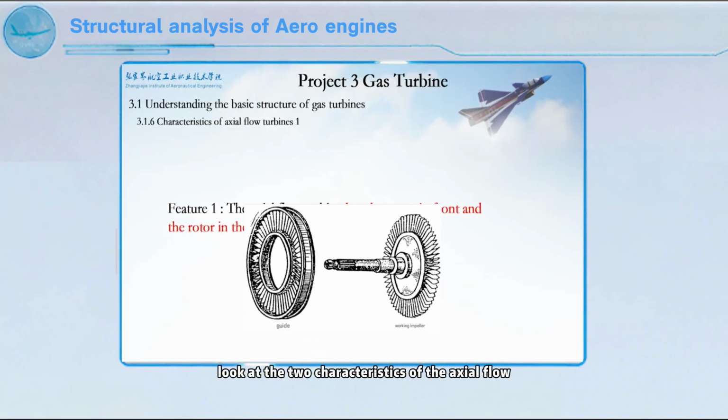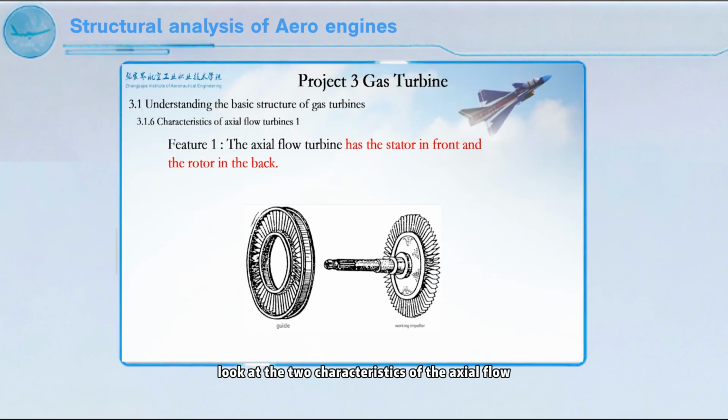Next, let's look at the two characteristics of the axial flow turbine. The first characteristic is that the stator of the axial flow turbine is in front and the rotor is in the back. Students can think about why it is designed like this. The reason is that the airflow must be guided to the direction where it can directly impact the turbine blades.